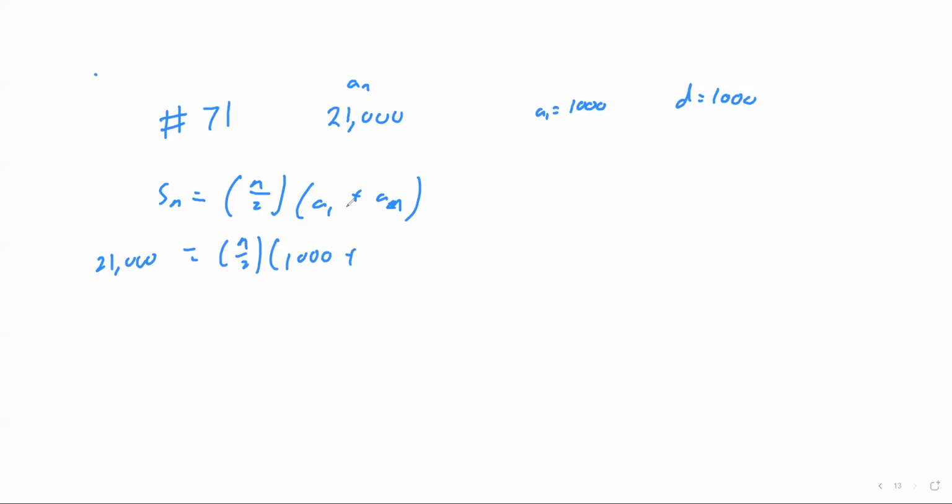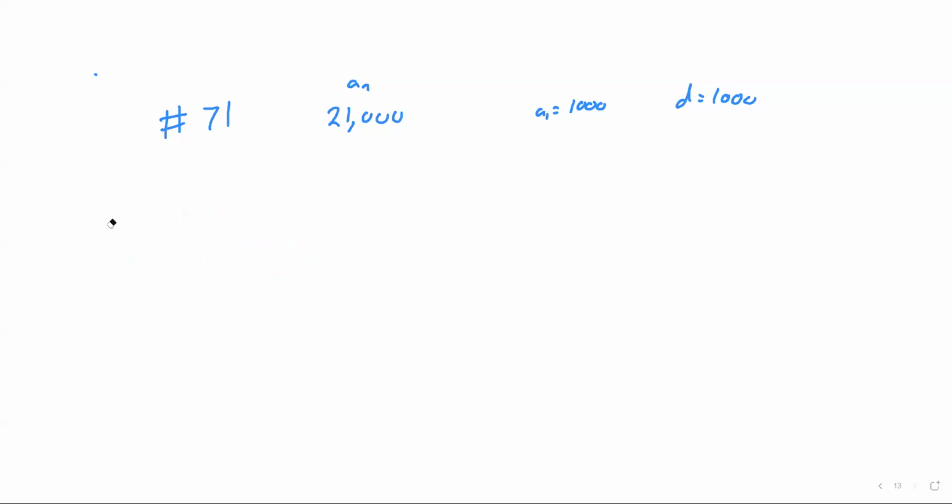I know the last term. I don't think I know the last term. I can't use this one. I'm gonna have to use the other one. So let's use the other formula. So that'd be S of n equals n times A of 1 plus d times n minus 1 times n divided by 2. All right, so I know my summation has to be at 21,000.